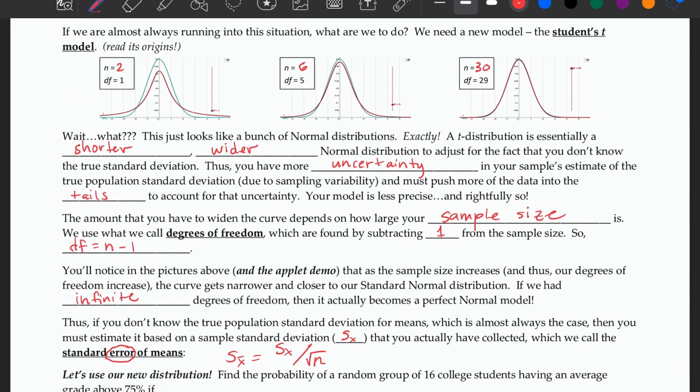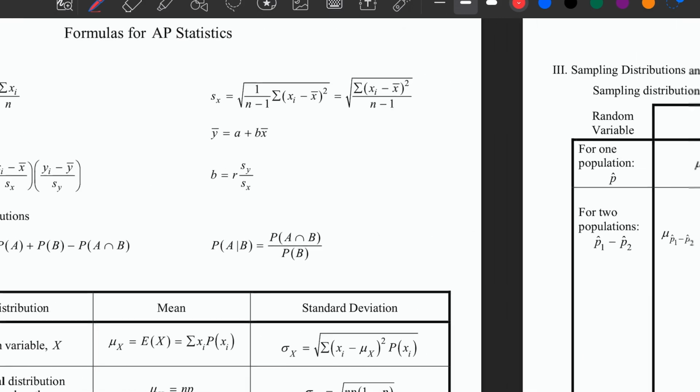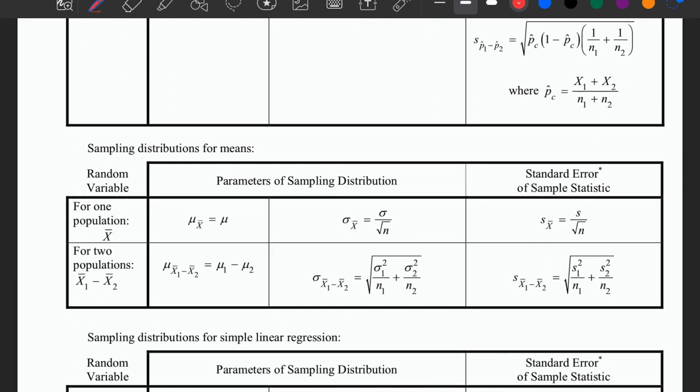And again, if you're like, man, all these formulas, I have to memorize them all? No, you do not. It is on the formula sheet. Let's click over and look really quickly. Where could we find it? Same place we were finding stuff about our z-test last class. So we're going to scroll down because we're not looking at proportions, we're looking at means.